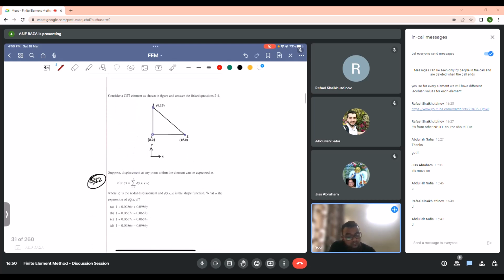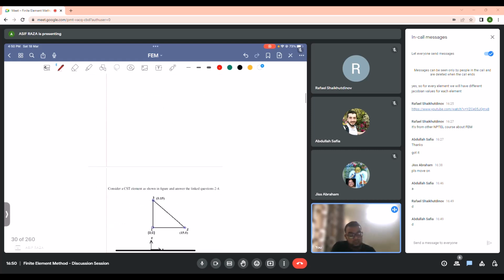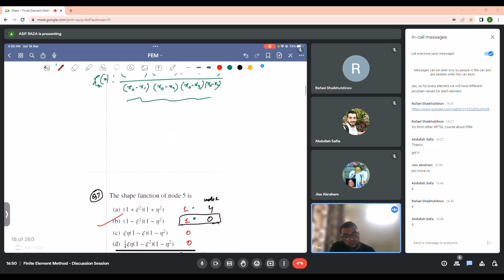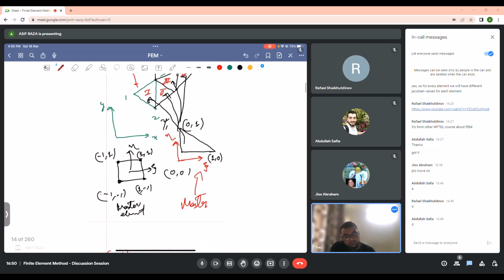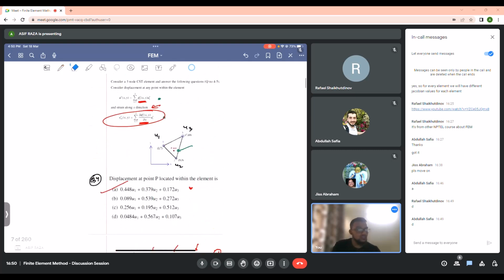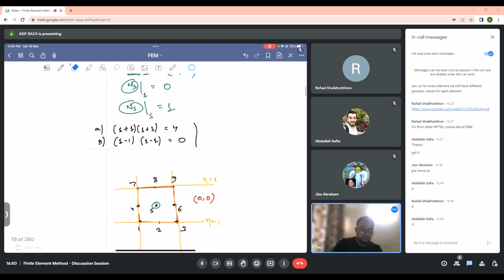So this was what was there in the assignment, and as we have already solved a similar question in a more general sense, if you are able to solve that, you can easily solve this question.